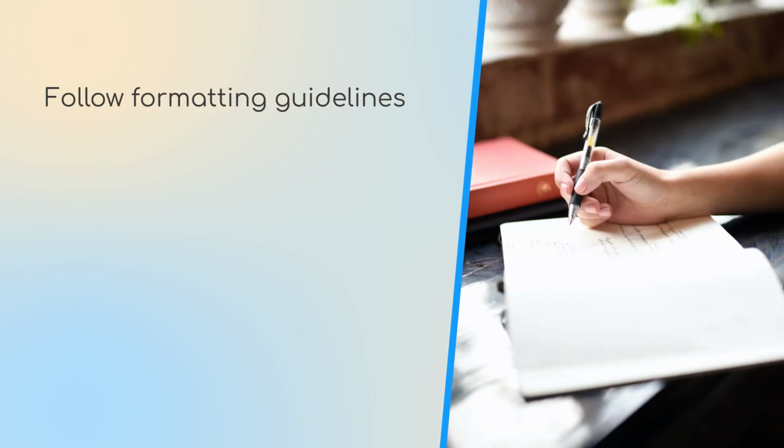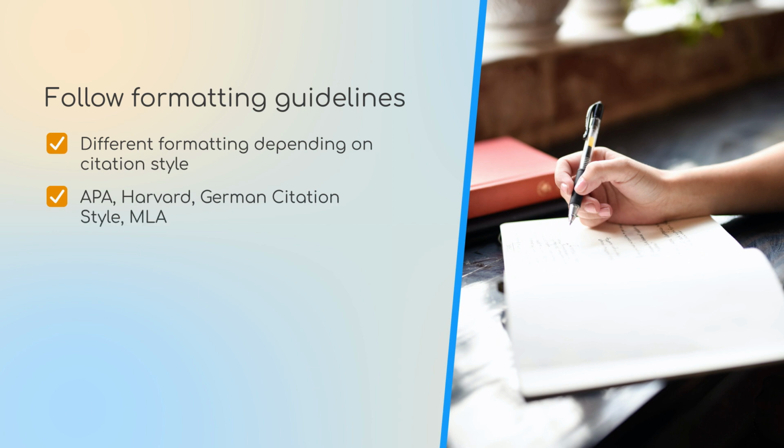However, that is not all that needs to be considered. Depending on which citation style you choose, the source information is formatted differently. Therefore, our advice is this: first of all, deal with the individual citation styles in detail. You can use the APA citation style, the Harvard citation style, the German citation style or the MLA style. Then choose the one you are most comfortable with.